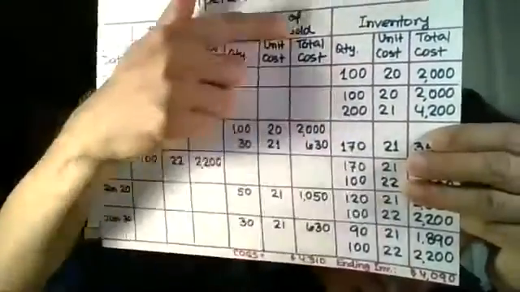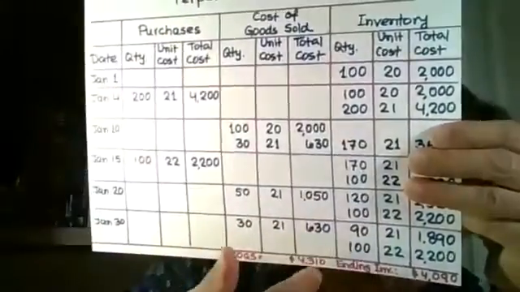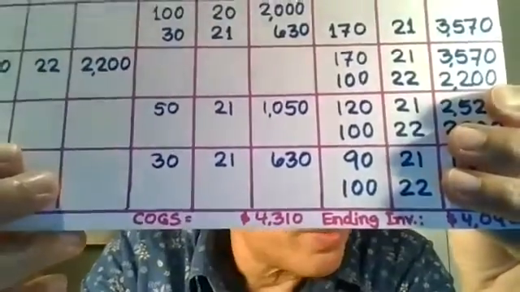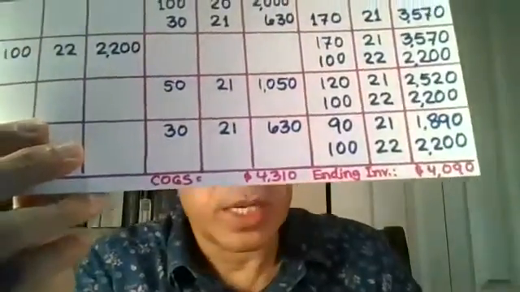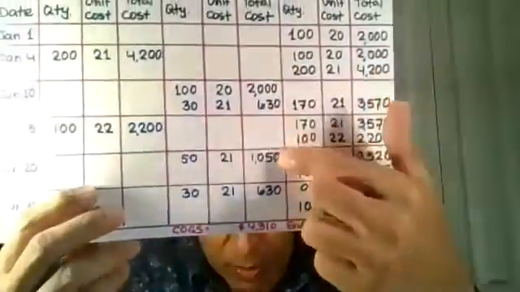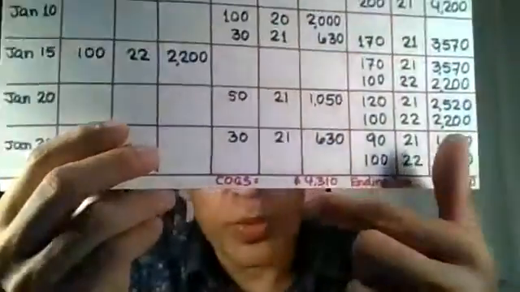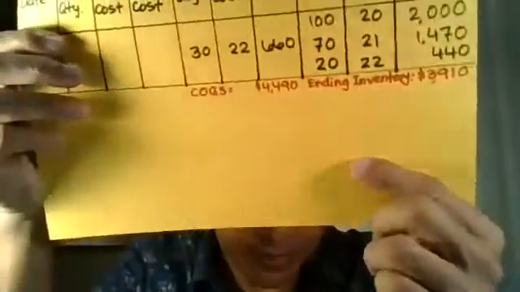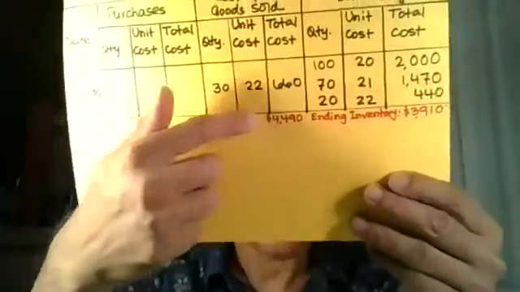So total cost here, summation of this column is here. So that's our cost of goods sold. Under FIFO, $4,310. You can see the number here. Just summation of this column. 4,310 under FIFO. Under LIFO, how much?